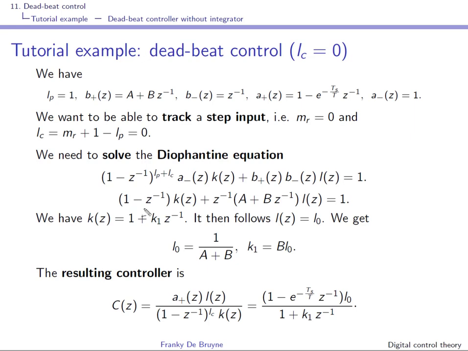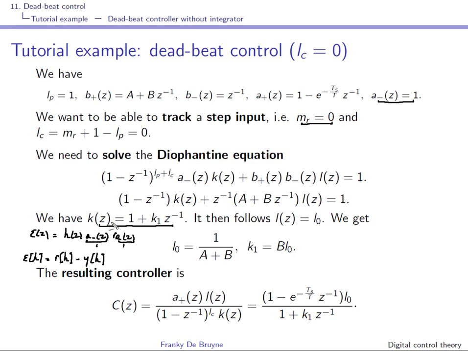Let us come back to the choice of KZ over here. We have seen that epsilon z, the z transform of epsilon k, that is the set point signal or reference signal minus the controlled output, we could write as KZ times A minus Z and then R of z. Since MR is equal to 0, this one is 1 over here, this one is 1 as well, as you can see over here. So epsilon z is KZ.